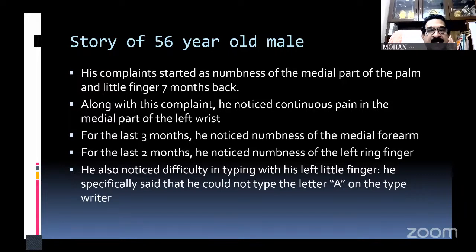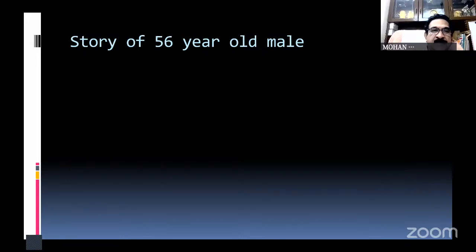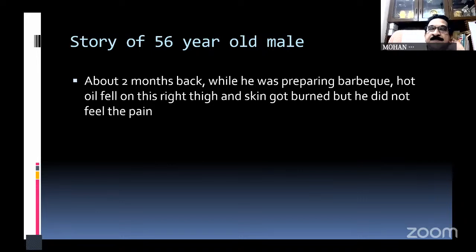Numbness of the middle part of the palm and little finger 7 months back, along with pain in the same area. Then he noticed it in the medial forearm, ring finger on the same side, and weakness of the little finger in the form of difficulty in typing. Then 2 months back, he incidentally detected loss of sensation on the right thigh.